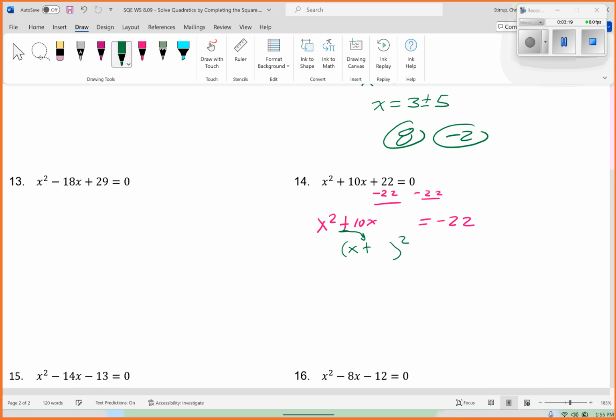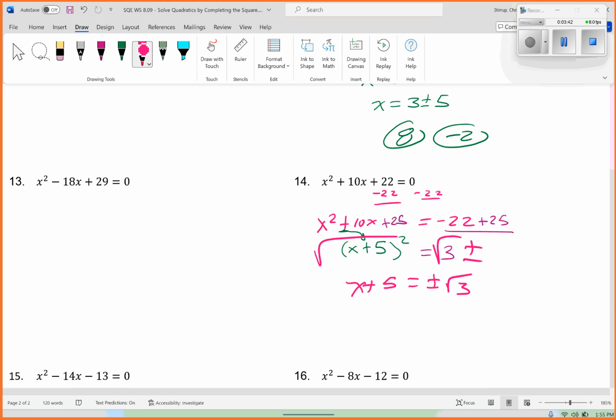Half of 10. 5 times 5. Good? All right. So then do the math here. So negative 22 plus 25, I believe, is 3. Root, don't forget the plus minus. And then subtract 5. And this one, there's 2 answers there, but it looks like only kind of one clumped together answer because you have the radical in there. Okay?